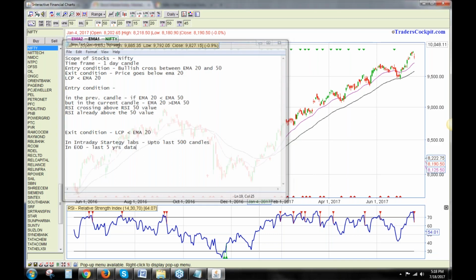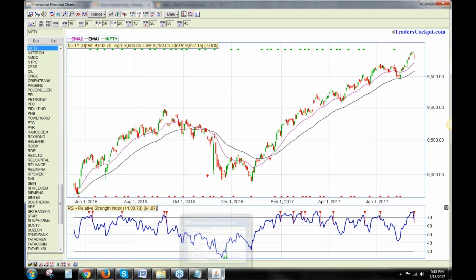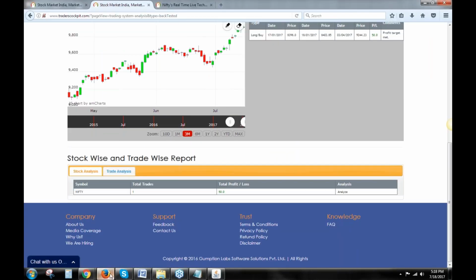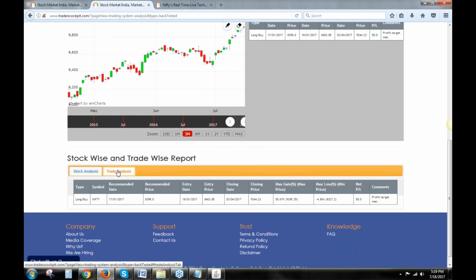So here I backtested the strategy on the last 1 year data on the EOD candles, and accordingly the result is showing me downside here. So we can do a trade-wise analysis also.